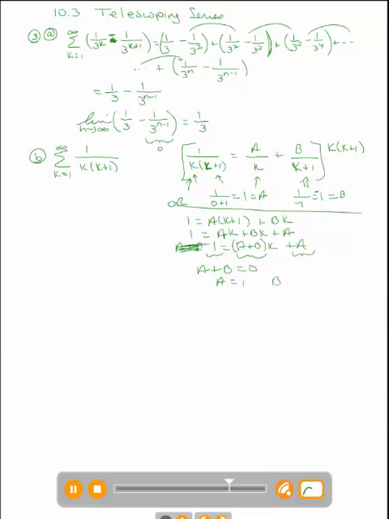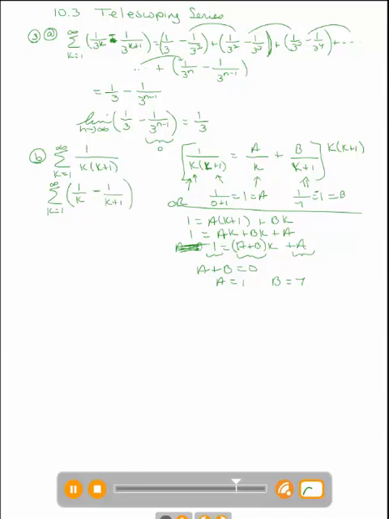Well, if A is 1, that means B is negative 1. So there you go. This turns into the summation of 1 over k, since A was 1, and then B was negative 1, so minus 1 over k plus 1.